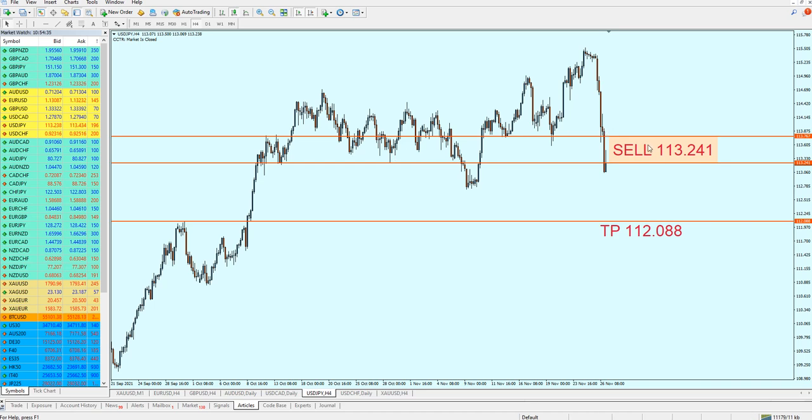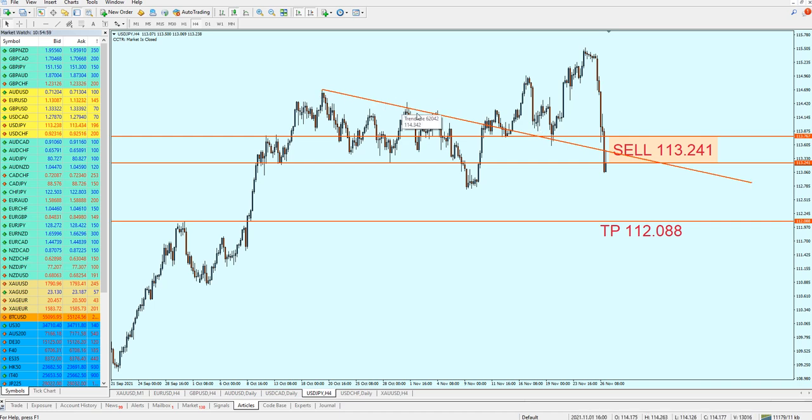Because right here we had the previous support level, and the market seems like it has already made the bearish breakout from it. We also have right here the resistance trend line, like that. Perfect.